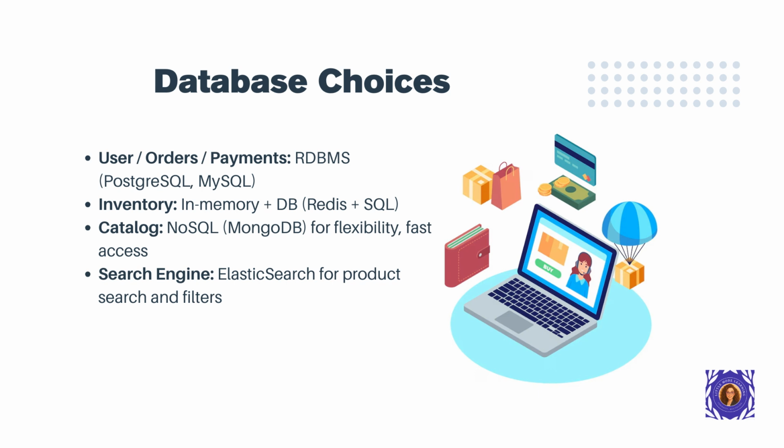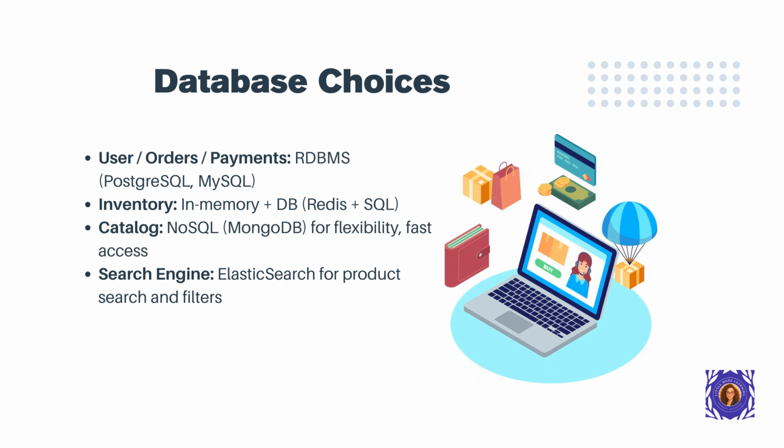Product catalog is where NoSQL shines. MongoDB gives you the flexibility to handle different product types with varying attributes. Electronics have different specs than clothing, and your database should adapt easily. For search functionality, Elasticsearch is the gold standard.